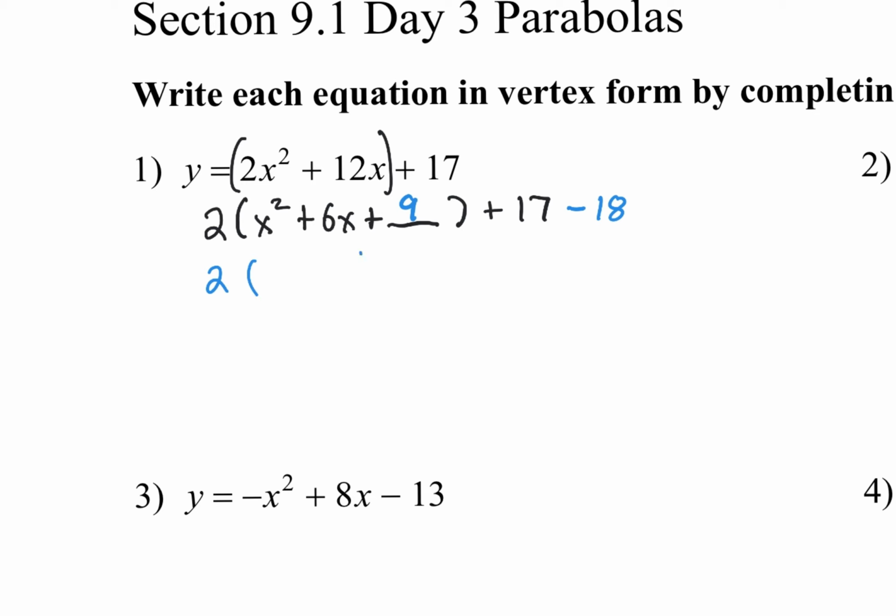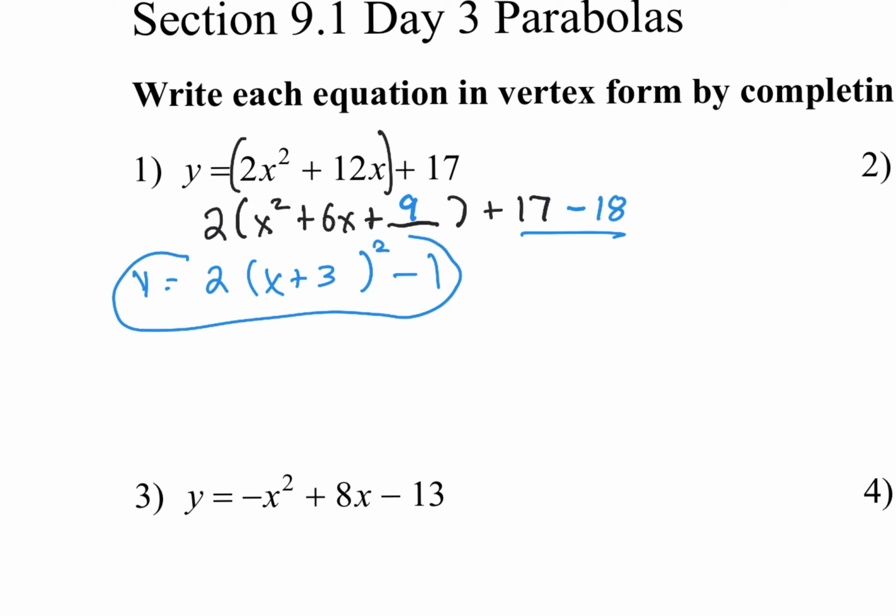We're going to factor this into perfect squares, because that's the whole reason we're completing the square. So that would be x plus half of 6, which is 3, squared. And then 17 minus 18 is minus 1. So there's our equation in vertex form by completing the square.